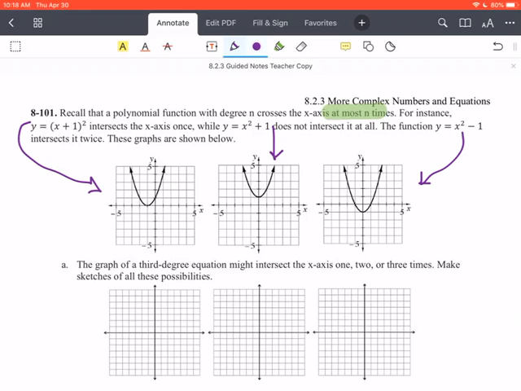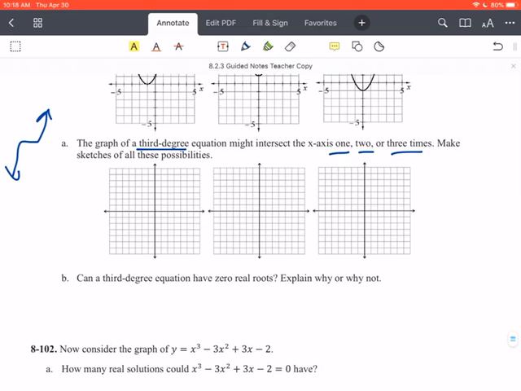Okay, these graphs are shown to you below. So what we're going to do is we're going to consider an odd degree polynomial and see kind of what the case could be. So we're told to sketch a graph of a third degree. So we're thinking of that parent function that looks like a cubic graph that might intersect once, twice, or 3 times. Make a sketch of all of these 3 possibilities.